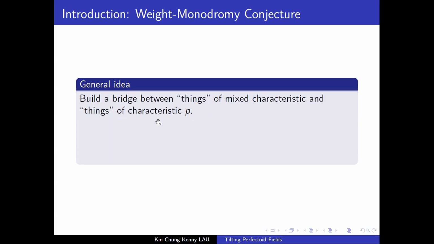And you recall that the status for characteristic p is much more understood because it has been proved in general for any variety that is smooth, connected and proper over characteristic p. So if we have this bridge between these two things, then somehow we can borrow these results from characteristic p to our mixed characteristic case.